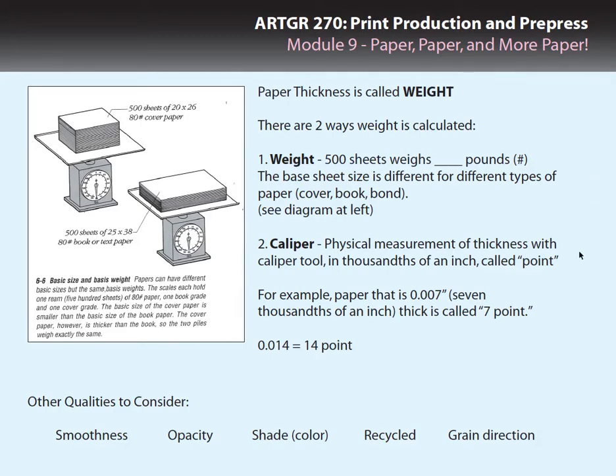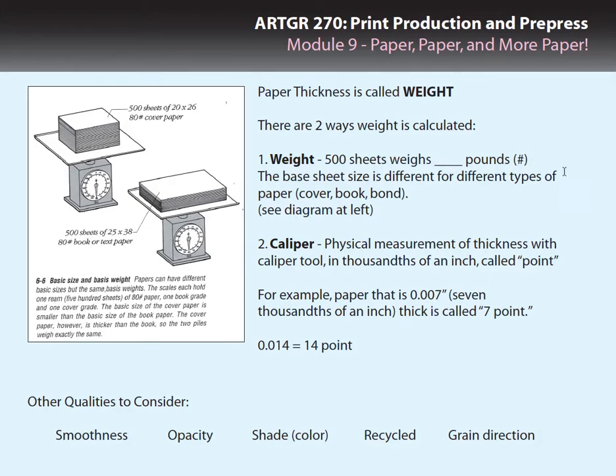Or they might mention it in terms of point, like do you want a 10-point or a 14-point stock? So those are two basic terms, pound and point, to describe the thickness of the paper. And they are done in two different ways.